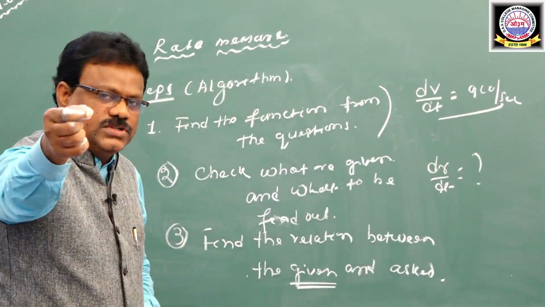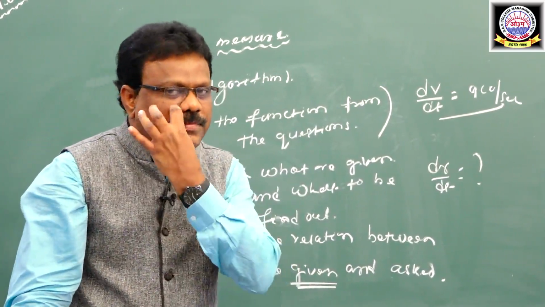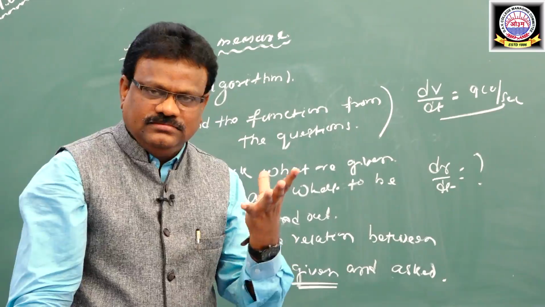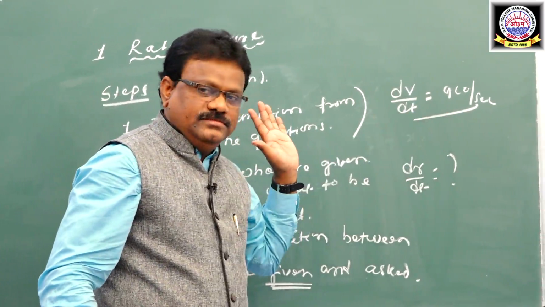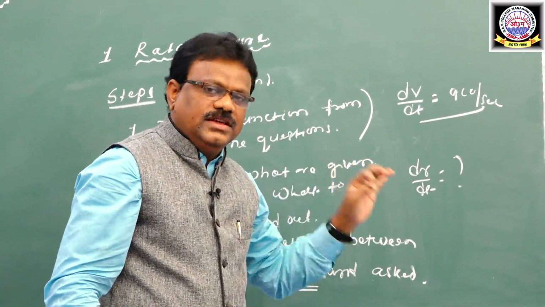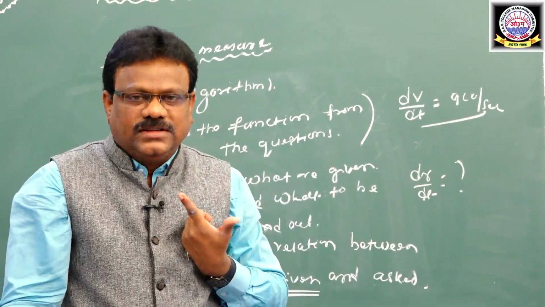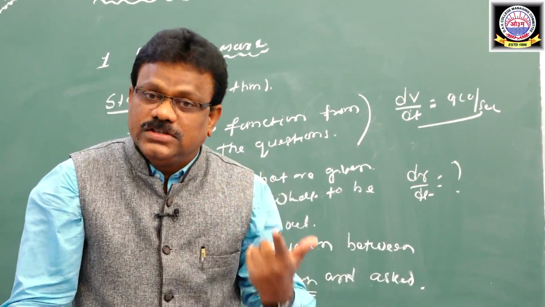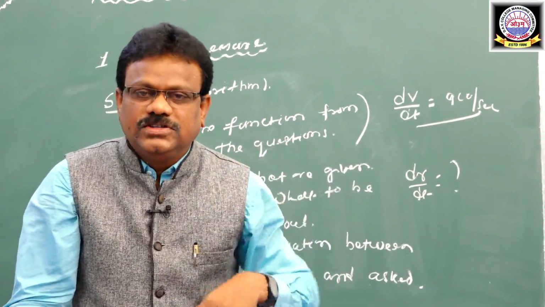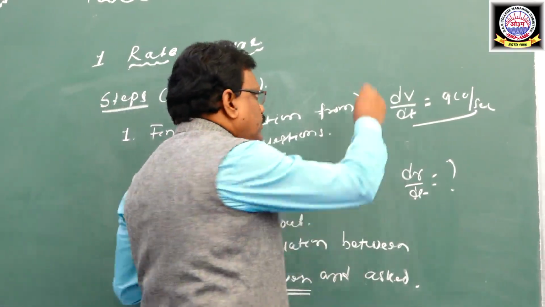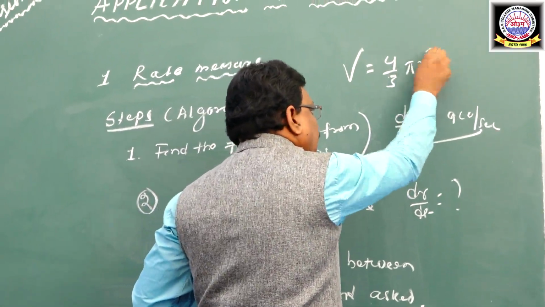So, once again I am giving a simple question to you. Suppose a round spherical balloon is inflated at a rate of 9 cubic centimeter per second. Here the balloon is looking like a sphere, so the name of the function is the volume of the sphere, V is equal to 4 by 3 pi r cube.